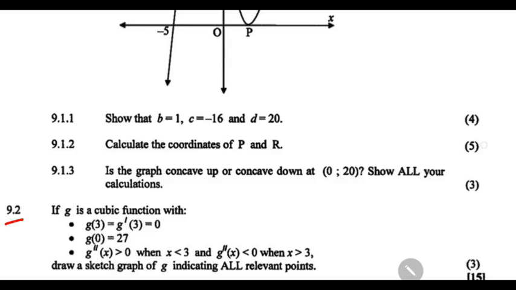And g of 0 is 27, which means this is the y-intercept. And now it says the second derivative is greater than 0 when x is less than 3.